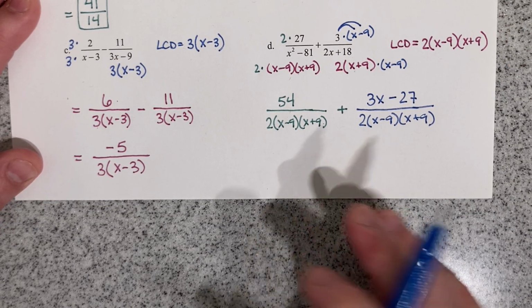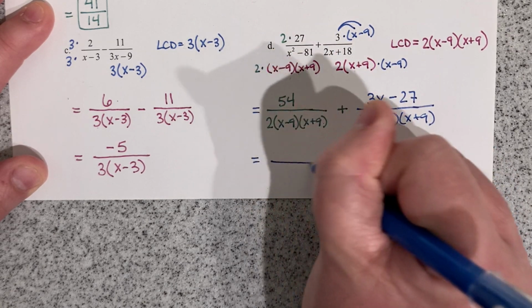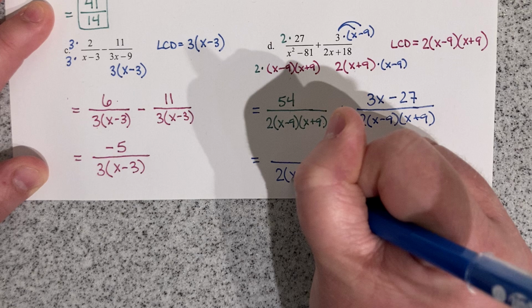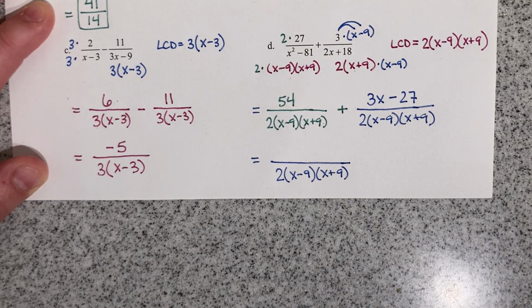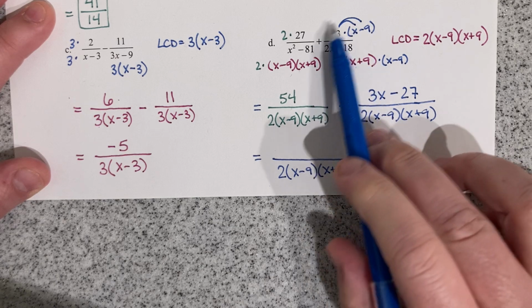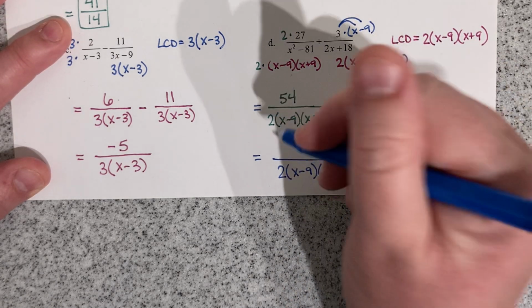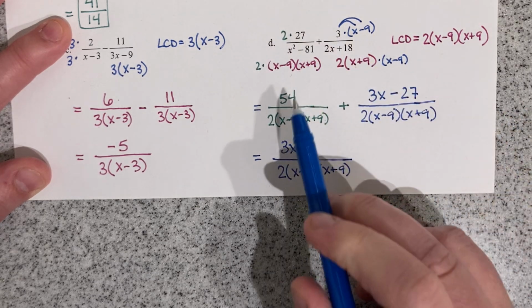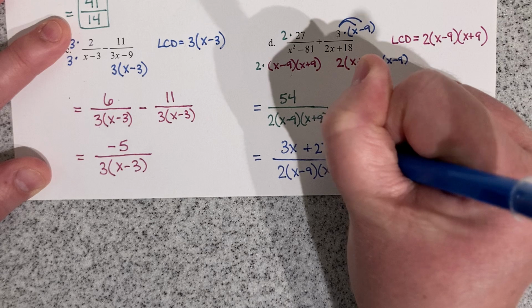All right, it's definitely getting more complicated. We know the denominator is that common denominator, and I'm leaving it factored. Don't multiply it out, no reason to. Leave denominators factored. But I did multiply out the numerator, and that's because now we need to combine like terms. I know I got a 3x. 54 minus 27 is 27.